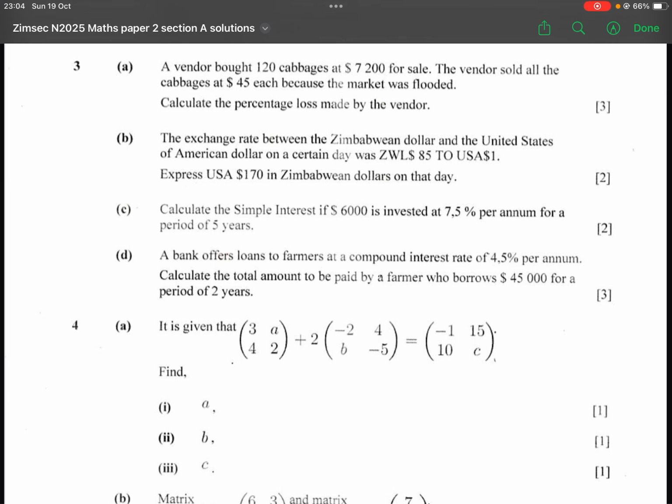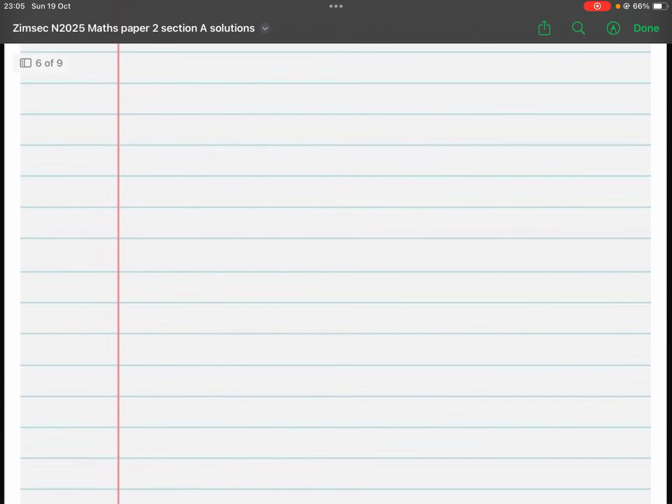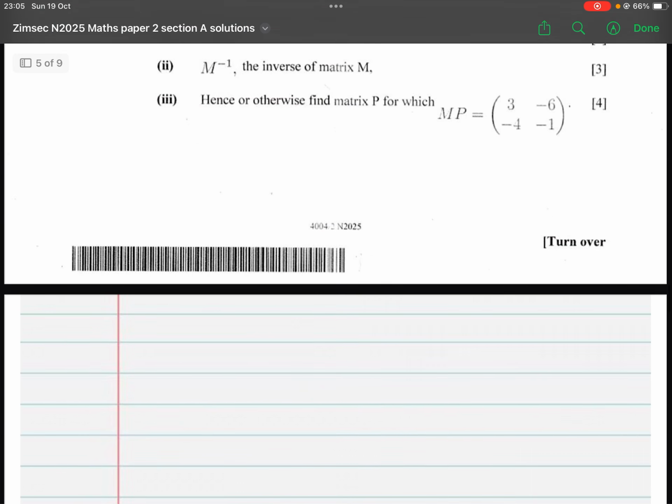So first of all, we are required to find the selling price of 120 cabbages. We are going to say 120 times 45 so that we get 5,400. That is the selling price of 120 cabbages.